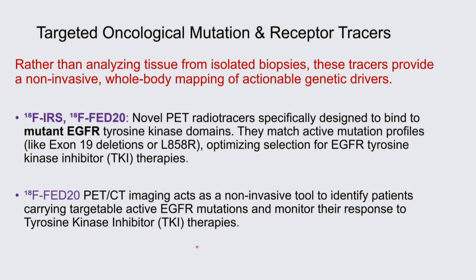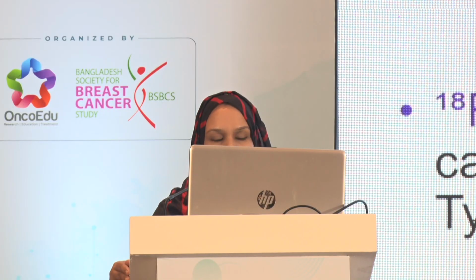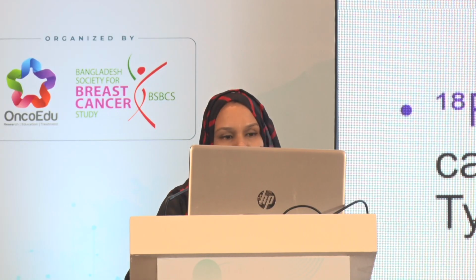They match active mutation profiles like exon 19 deletion or L858R, optimizing selection for EGFR tyrosine kinase inhibitor therapy. Fluorine-18 FED20 PET-CT imaging acts as a non-invasive tool to identify patients carrying targetable active EGFR mutations and monitor their response to tyrosine kinase inhibitor therapy. These are now in the clinical trial phase.